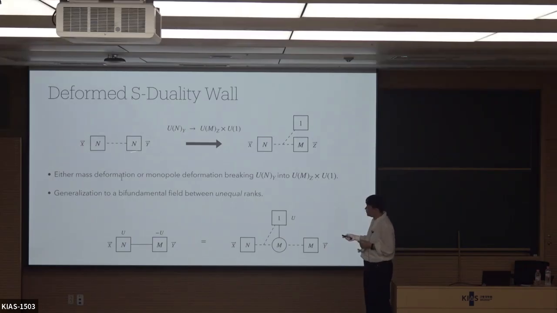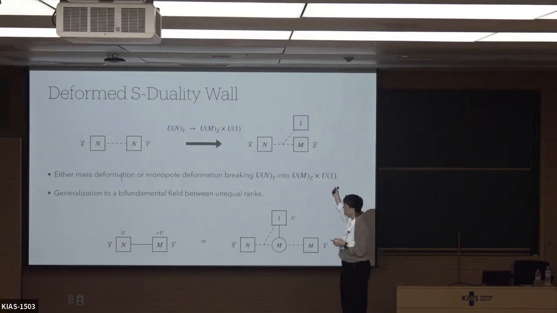Because we have topological symmetry and flavor symmetry, so we can either break one of those two, okay? And then the SU(N) symmetry can be broken into the SU(m) times U(1), where this m is smaller than this n, okay? And we denote this deformed theory in this way.